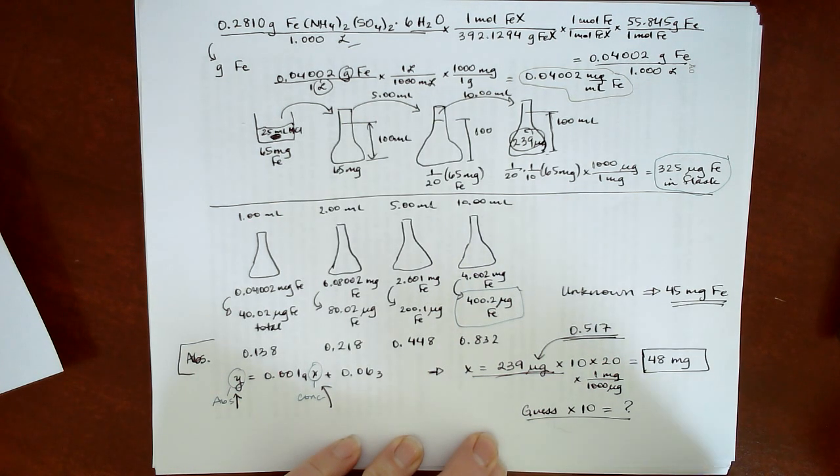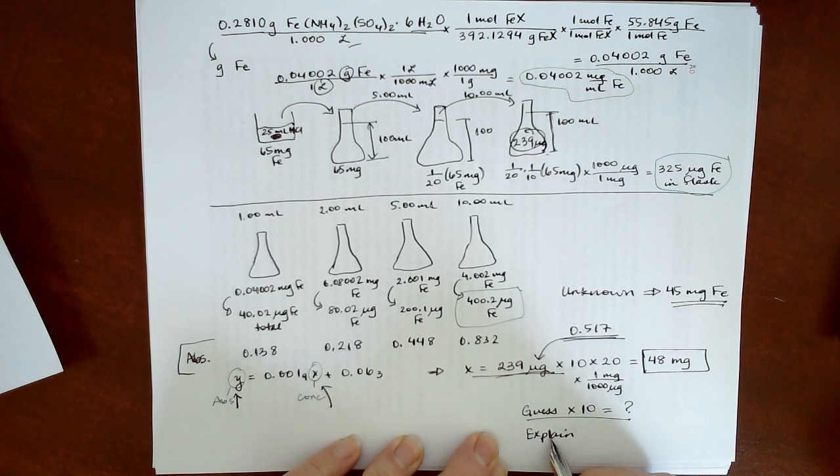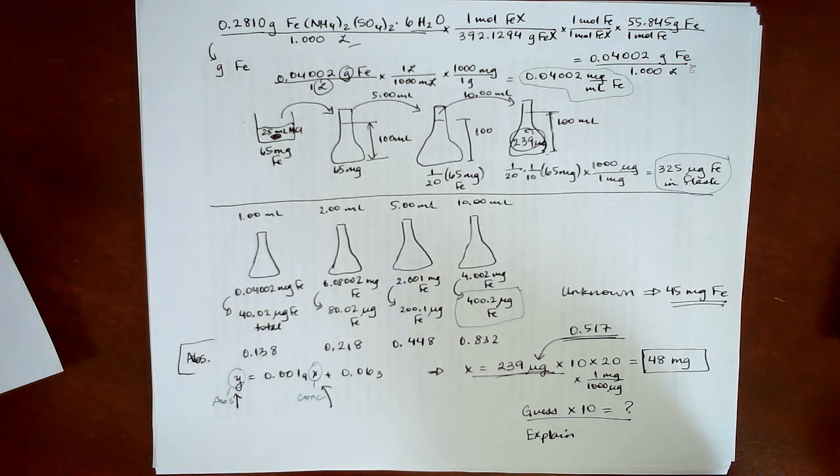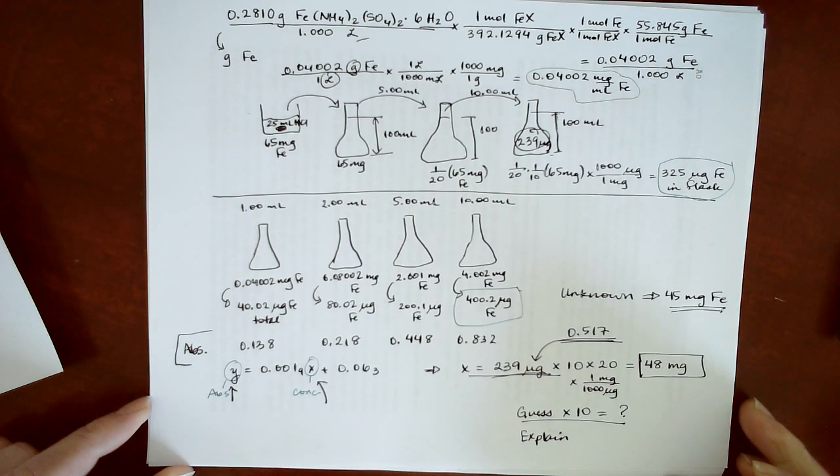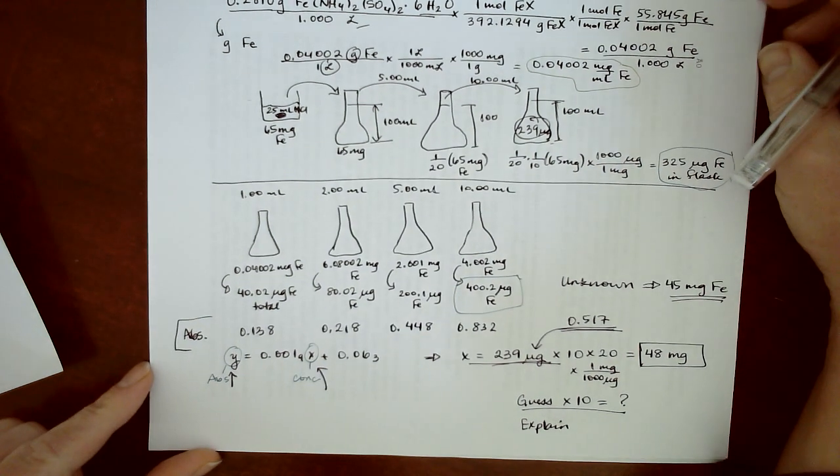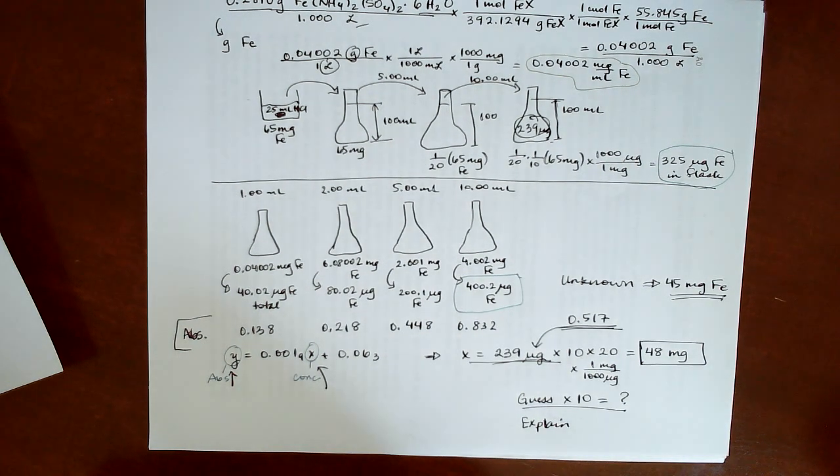But anyway, you should just make sure that you explain it either way, because experimental data are what they are. And so, you know, if we had some difficulty with our lab technique, that sometimes happens in lab. So we just explain it, and then we try to make sure we don't do that next time.